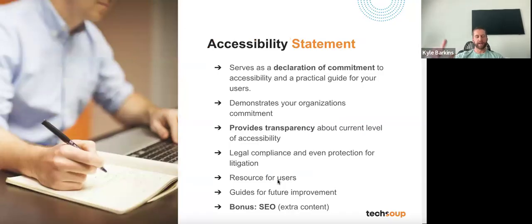Another quick win, so to speak, is having an accessibility statement. This is just declaring your commitment to accessibility and how a user can use your site. This does a few things. It tells a user how accessible the site is. Like, we're committed to accessibility, and here's what we've done to make our site more accessible.